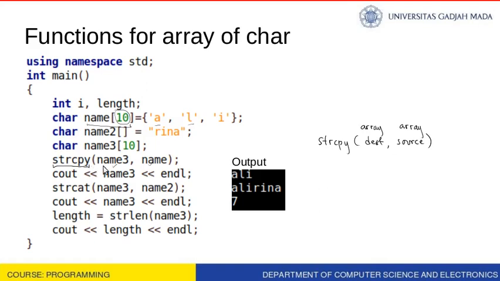So what will happen here is that name3, which is blank, has no elements, we haven't defined any element inside of name3, so it means that there are only 10 memory spaces, and we don't know the values inside. Then we copy the value of the array of char name to name3.